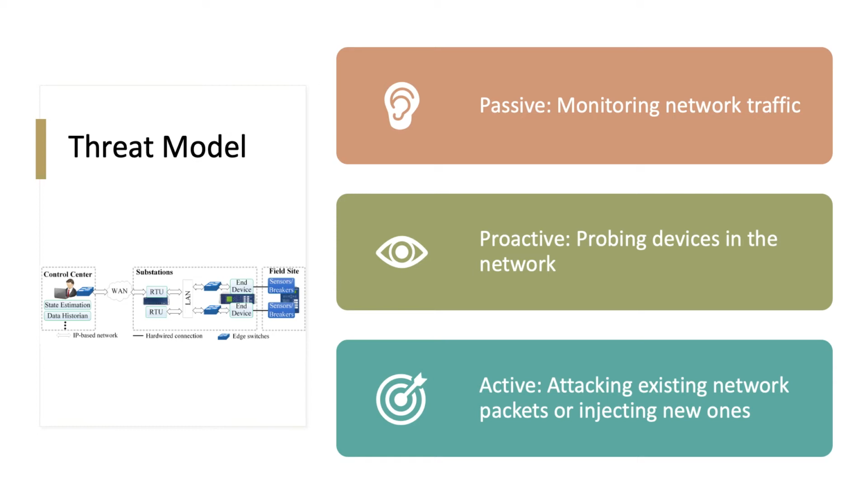And the third type is called active attack. What the attacker will try to do in this type of attack is they will either try to attack existing network packets, or they will try to inject some false packets into the system to make the controller think that there's something going on in the system.